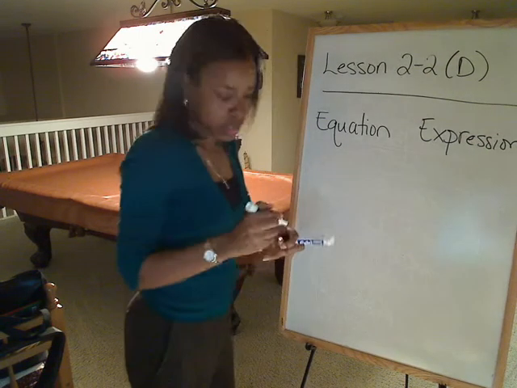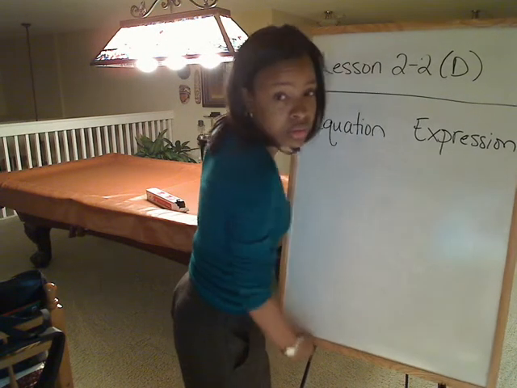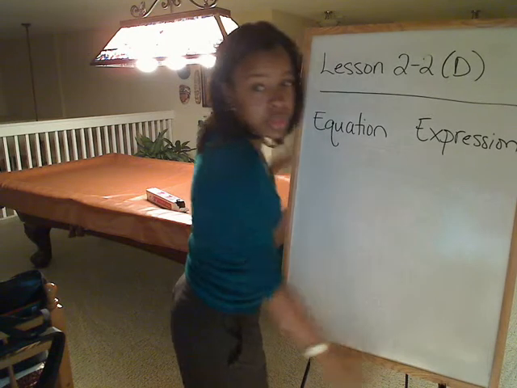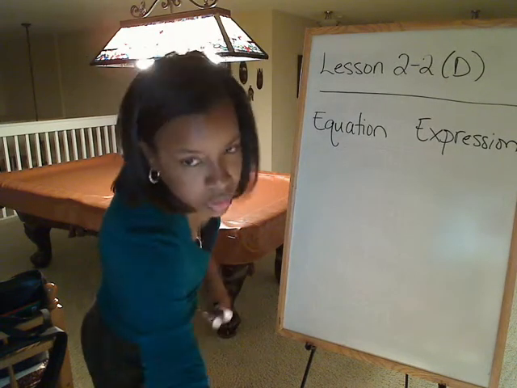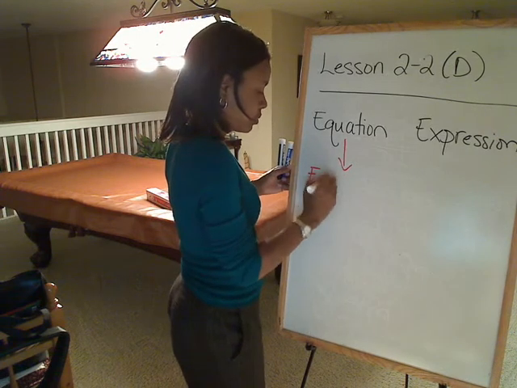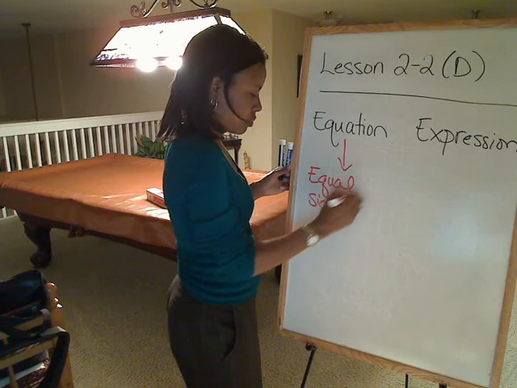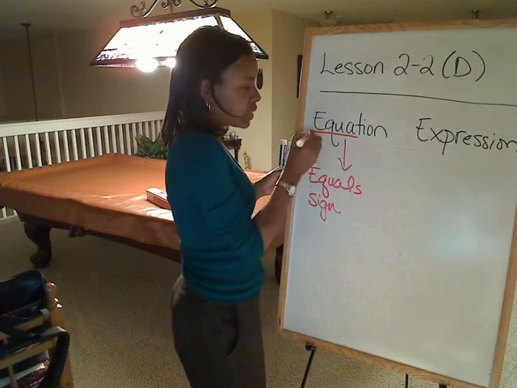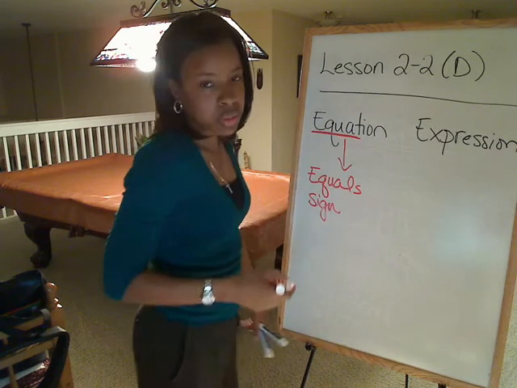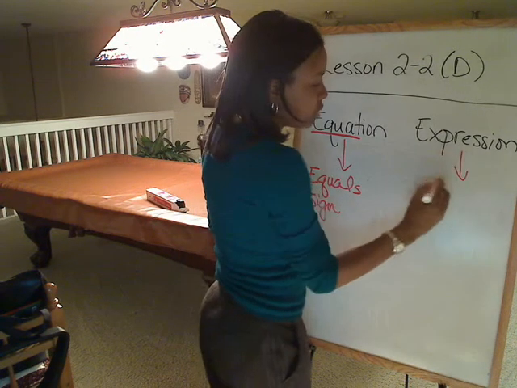Okay, what is the difference? The difference is an equation has an equal sign. You can kind of see the word equals in the word equation, almost without the L. An expression has no equal sign.